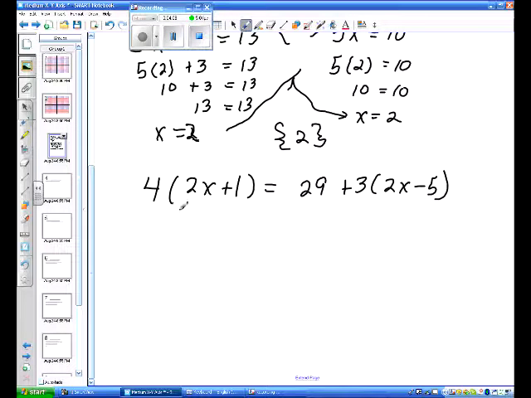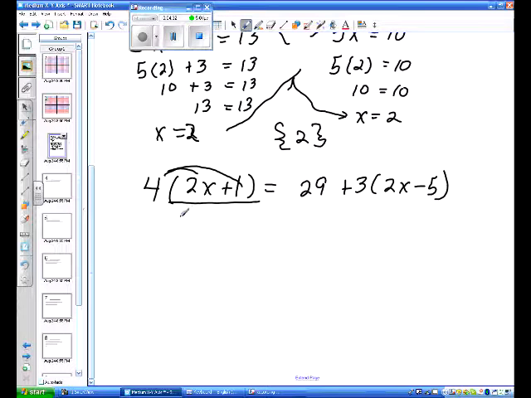The first thing that we need to do as we go through and solve this is to get rid of our parentheses. We cannot begin to simplify this or to solve it until we have simplified it first. So if we were going to put down a step for this, we need to remove our parentheses.